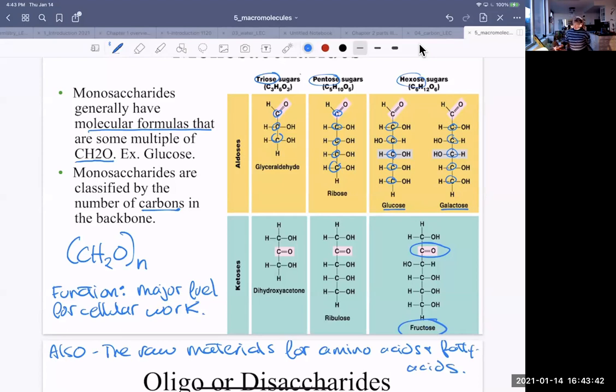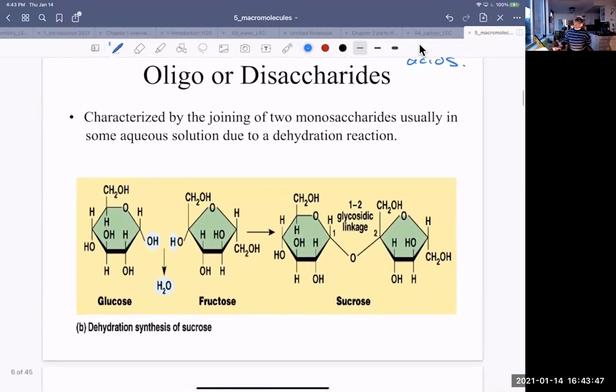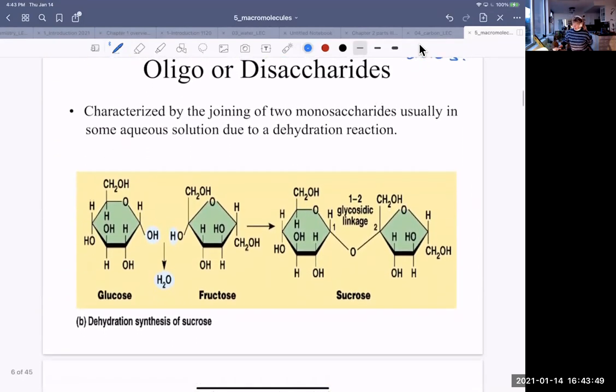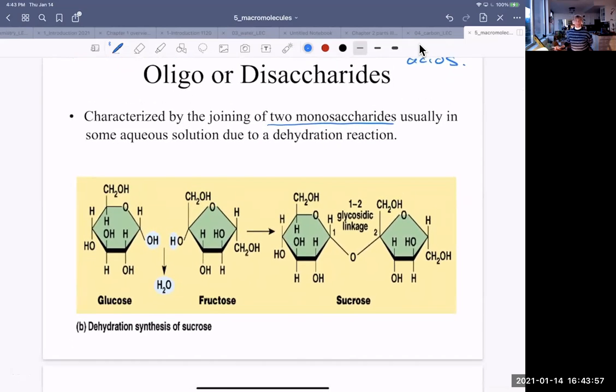So monosaccharides, oligo or disaccharides. Oligo means few, di means two. Joining two monosaccharides, usually in an aqueous solution, is due to a reaction known as a dehydration synthesis.